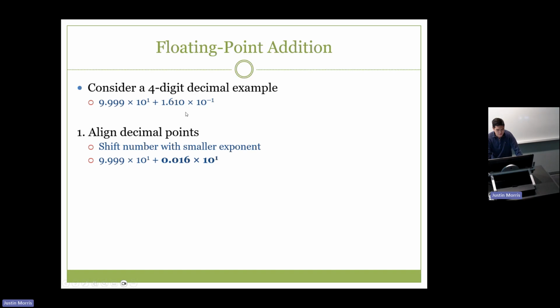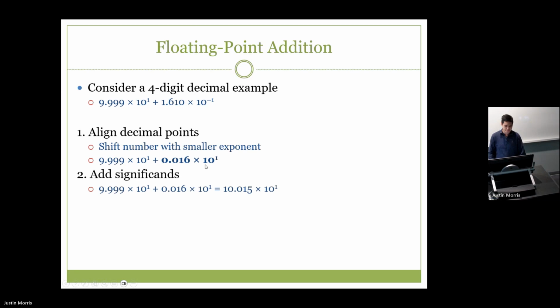In this case, we shifted 1.61 to the left by 2, and now they have the same exponent. Once they have the same exponent, I can simply add the significands, and then we get 10.015 times 10 to the 1.